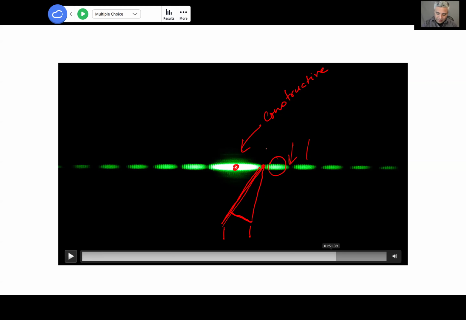Like for sound, it is equivalent to a soft spot. So the path difference here must be half the wavelength of the wave. This one traveled this much, this one traveled that much. If I draw a perpendicular line to that, this is how much farther this wave had to travel, and this must be half a wavelength, knowing that this is a dark spot.